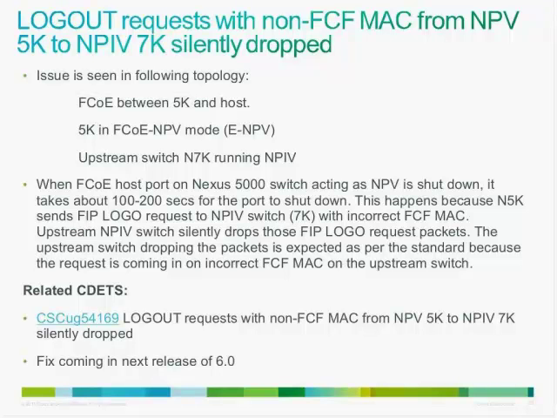The upstream switch dropping the packets is obviously expected because we are sending the logout with the incorrect MAC, right? So that is per the standard. We are tracking this issue with CSCug54169. We have actually fixed it in the latest 6.0 release.